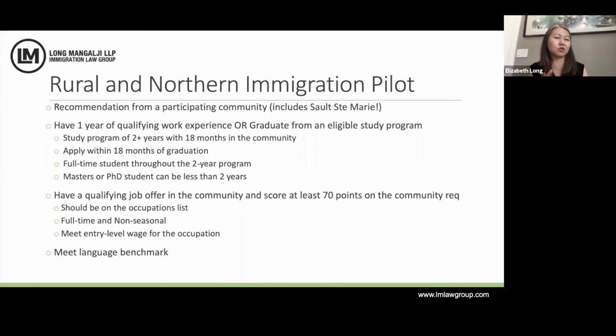If you've gotten into Sault College, that shouldn't be too much of an issue. But this is something that is good if you are going to Sault College and you have that job offer, we might be able to get you through under this program. And you have to work in Canada or have settlement funds as well, okay?